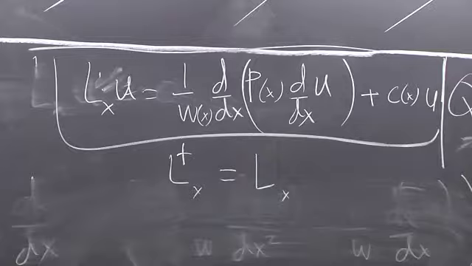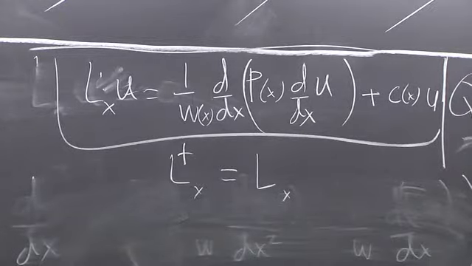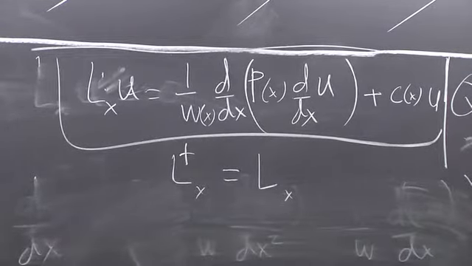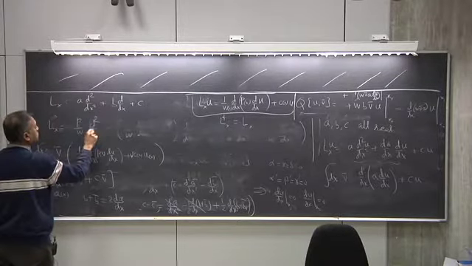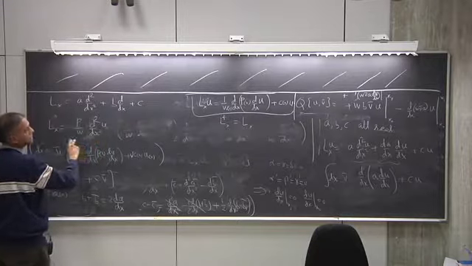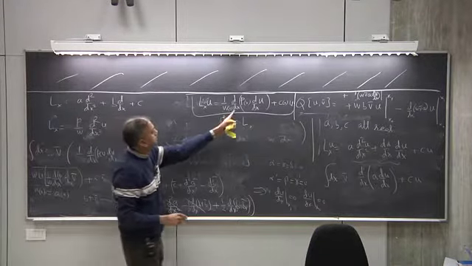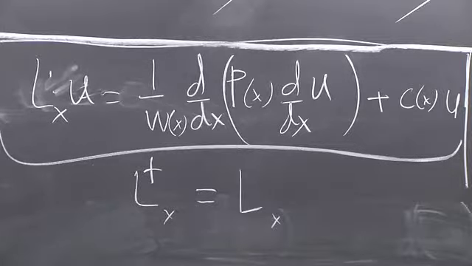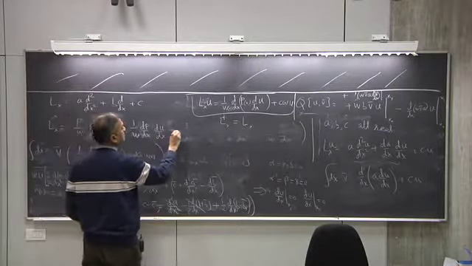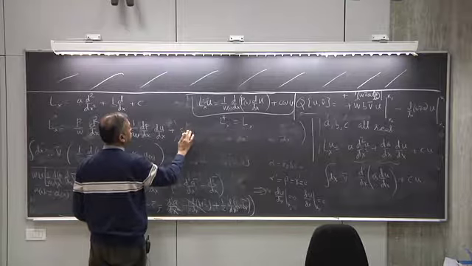So let's open this up and try to compare it with this here. When you open this up, you get Lx u equal to P over W times d2u by dx2, right? Then there will be a first derivative term, which will be 1 over W dp by dx times du by dx, plus Cu.